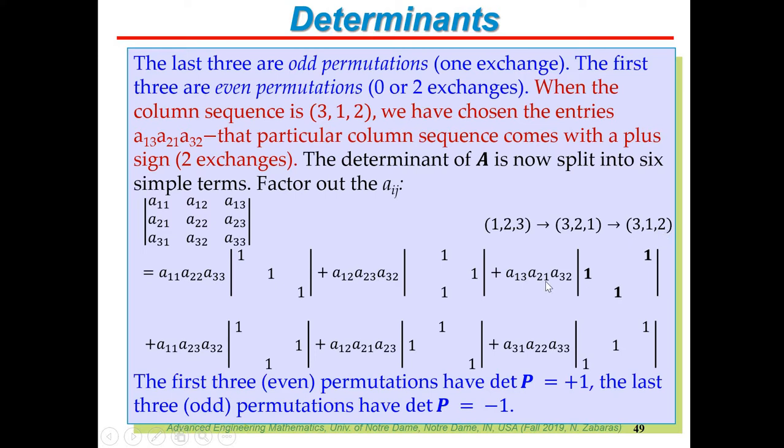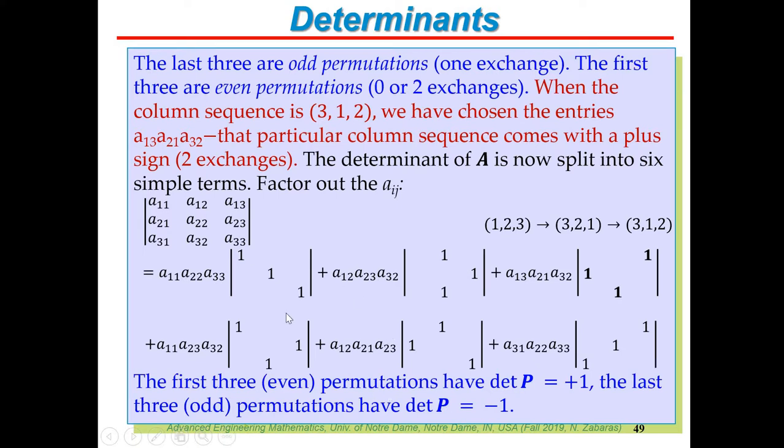So 2 exchanges, so A13 times A21, A32, the determinant of this permutation matrix is going to be equal to 1. So half of these terms, the first 3, are going to give me a plus sign, and the 3 terms on the bottom are going to give me a negative sign.